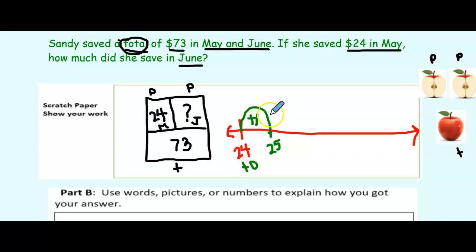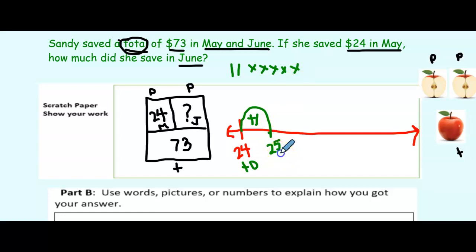And if you get confused about your skip jumps, remember you can always draw the first number 24 using your base 10 blocks. 20, 1, 2, 3, 4. And then we added another jump. That made it 25.